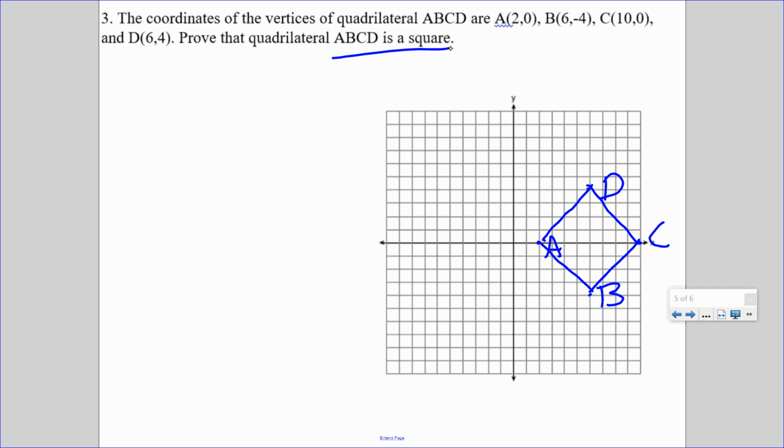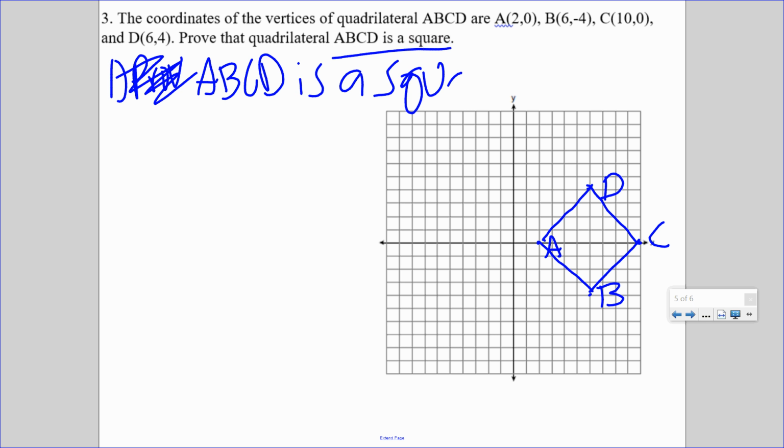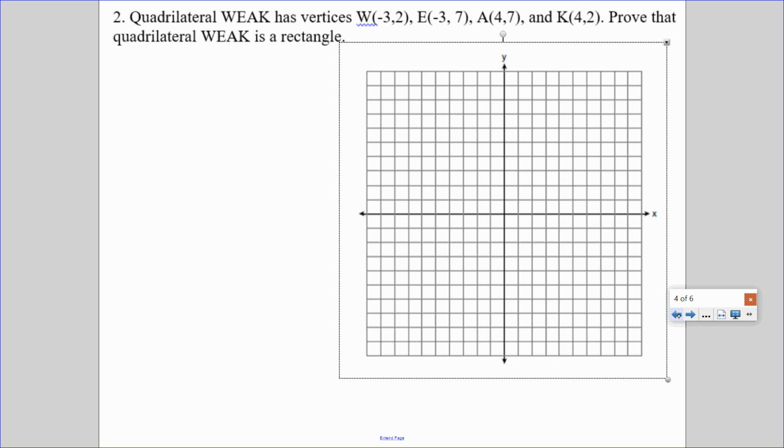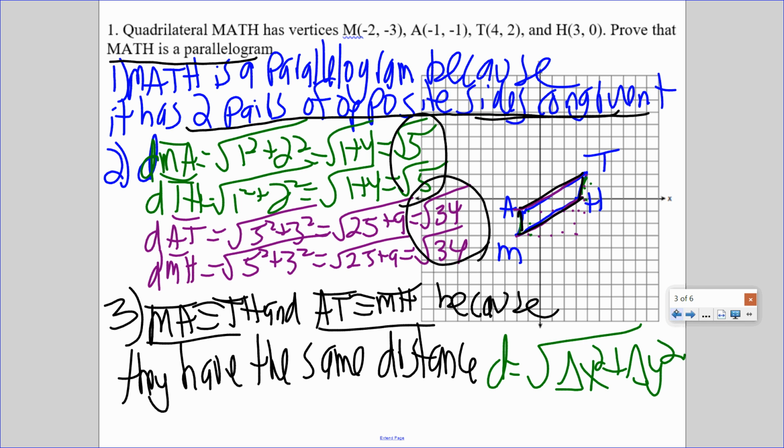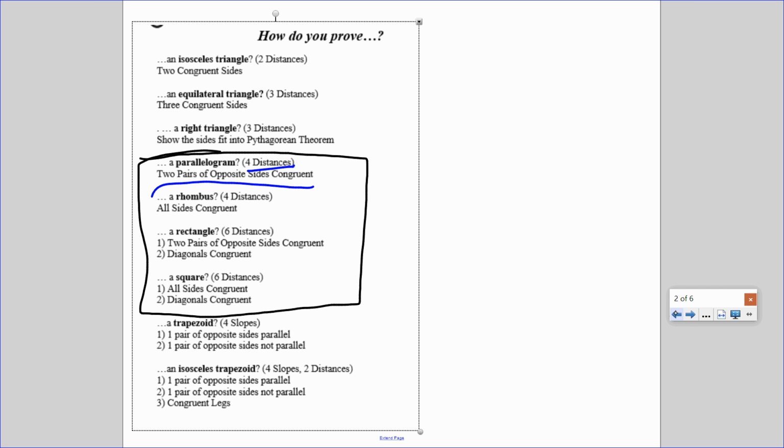Prove that ABCD is a square. So I start by saying ABCD is a square because. Well, flip back here. I want you to finish the sentence.